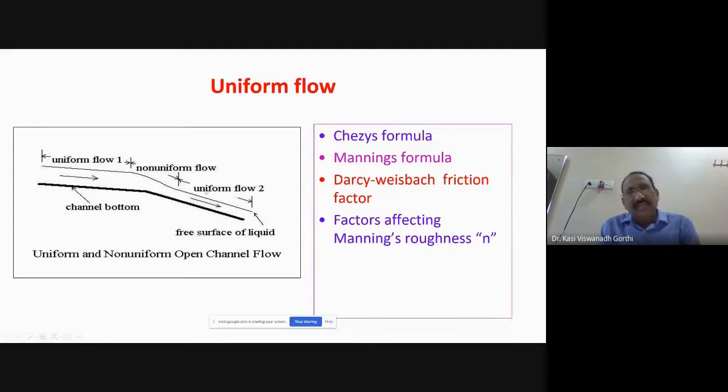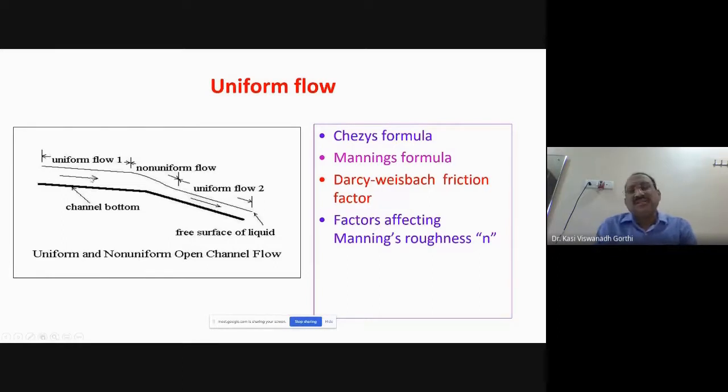Then once again, uniform flow. This can be depicted through this figure where the depth of flow is varying from one point to the other point along the length of the channel. So uniform flow by definition is the one in which the depth of flow, velocity, etc. become constant.